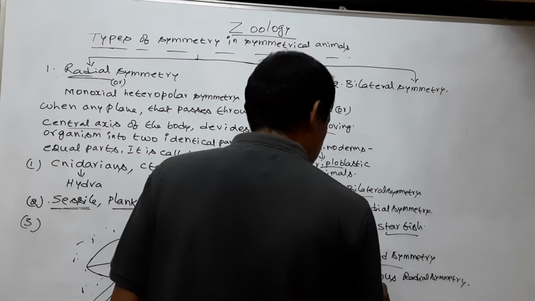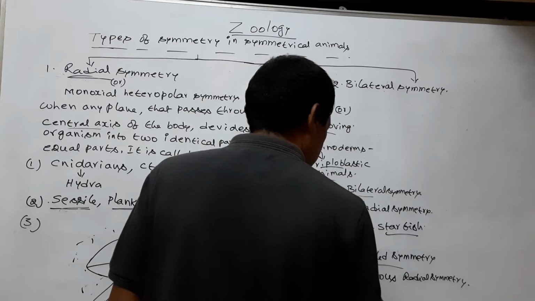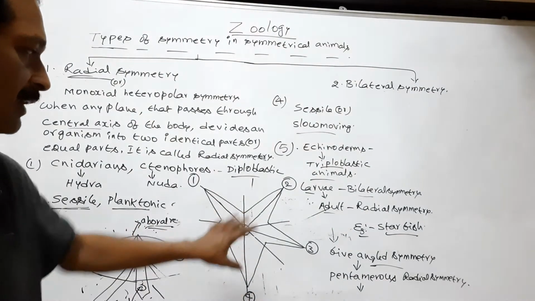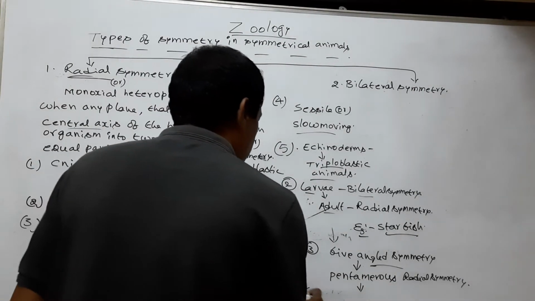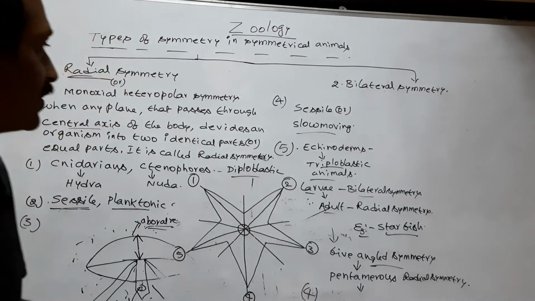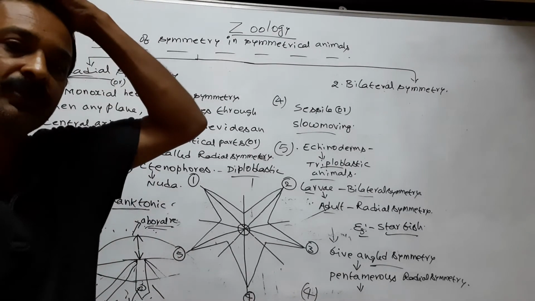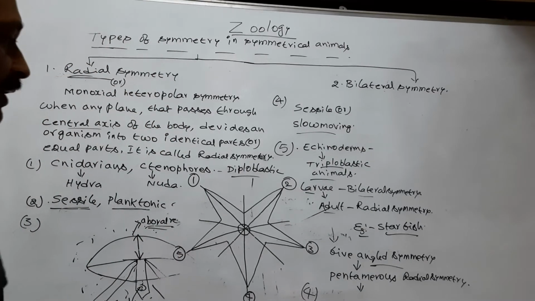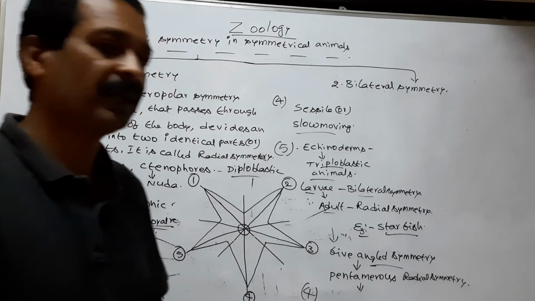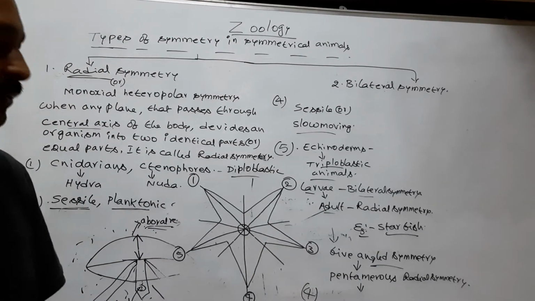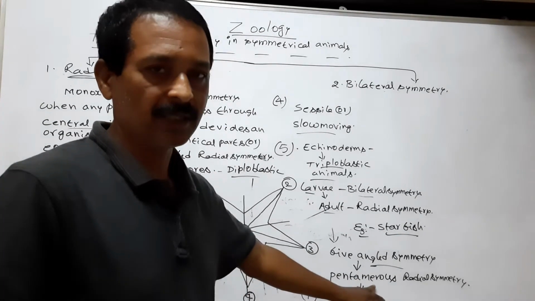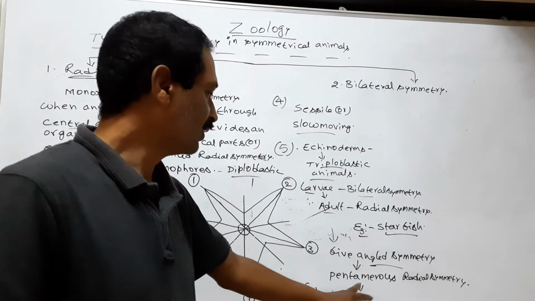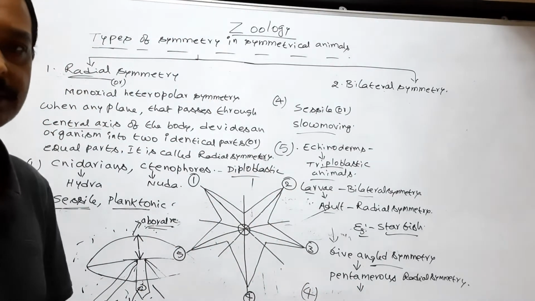The pentamerous symmetry has five planes. Generally, the animals which show radial symmetry possess many planes of symmetry, but pentamerous radial symmetry has five planes of symmetry. Here penta means five, so they possess five planes.